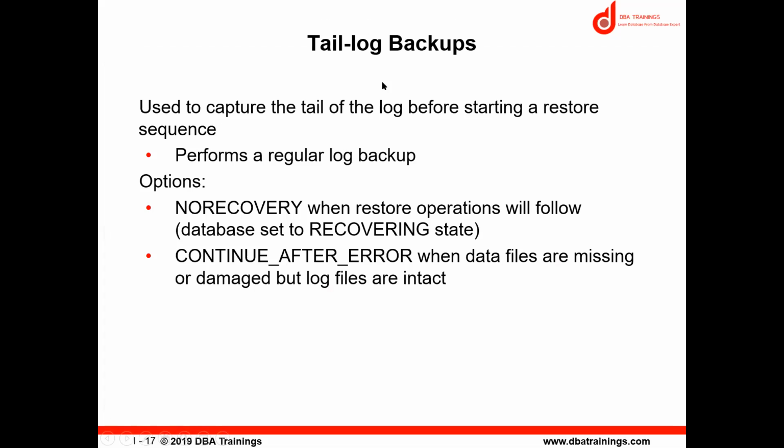Similarly, if you remember, we talked about tail log backup. Before a database restore, as a precaution, SQL Server is designed in that way, it will take the tail log backup. So you can capture the tail log backup before starting the restore sequence. If anything goes wrong, at least in that phase, your database can be restored. It's like a restore point for your database.